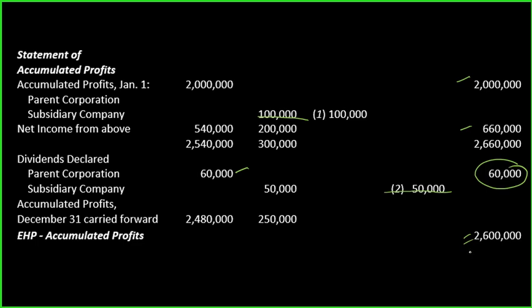Okay. In some books, the consolidated retained earnings is computed by the retained earnings from the parent plus the retained earnings from the subsidiary. Medyo nakakalito.